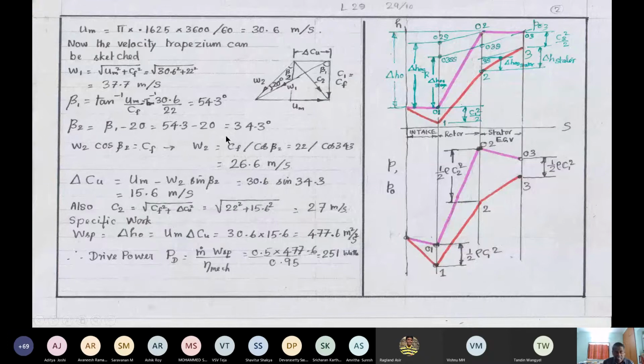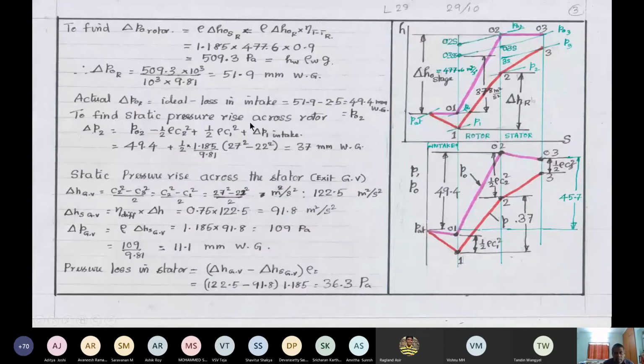The next thing is to find out delta P naught of rotor, that is the stagnation pressure rise in the rotor. So you have to get the isentropic enthalpy change, multiply it by rho. But then we have the actual enthalpy change delta H naught.